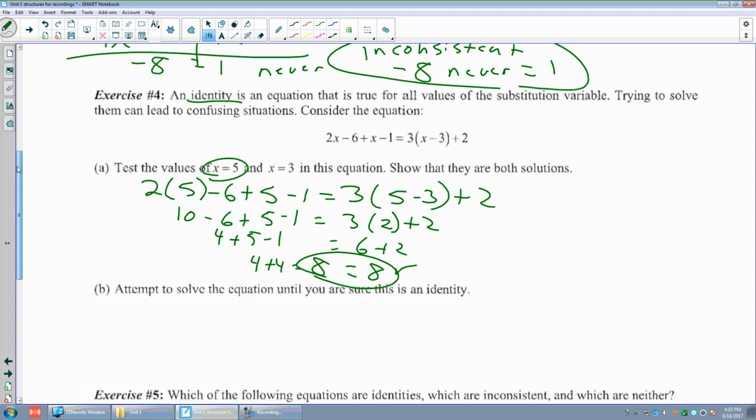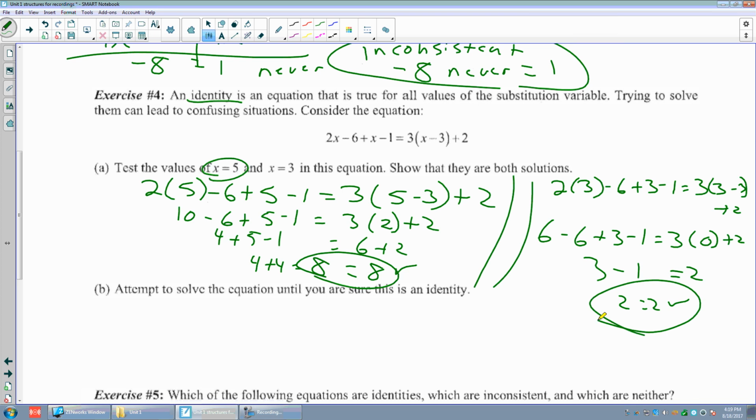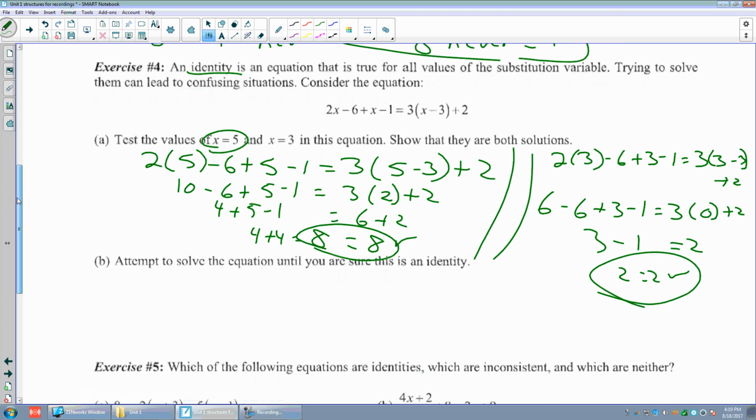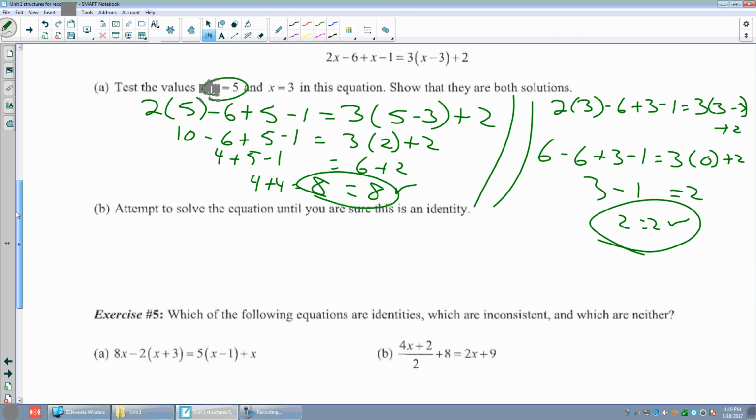Now, if we do the same exact thing for 3, we're going to see if that's true too. 2 equals 2. I hit the pause there because that's not the important part. What's the important part? Right here. 2x minus 6 plus x minus 1 equals 3 times the quantity x minus 3, plus 2. What do we do to solve it? We combine the like terms.